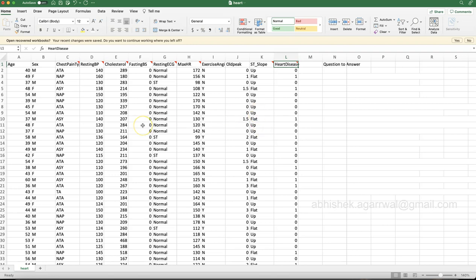This data set is also from there, and this case study is based on the last two solved case studies which I have put together and posted on YouTube. So if you are doing this case study and find it difficult based on the questions that I will show you one by one here in column N, you can take a reference from those case studies on how to solve them.